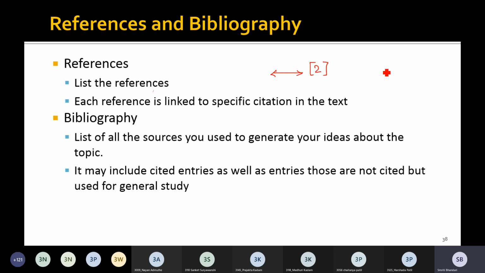So if I'm writing here 2, this means that this reference is the second reference in the references list that I'm citing here. So from that reference, I'm using some material, right? So this is how we need to put the references.